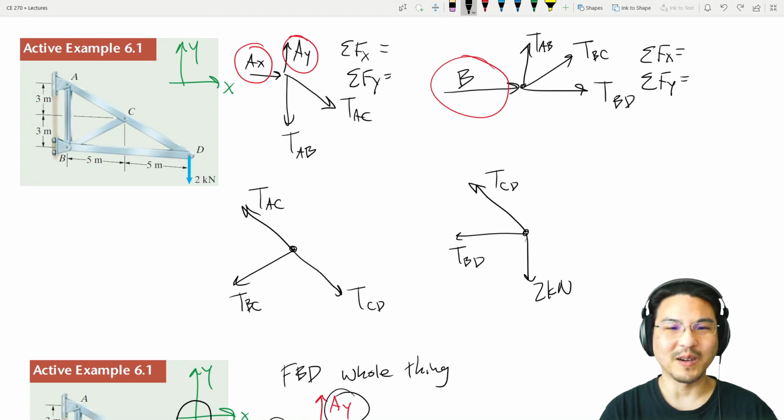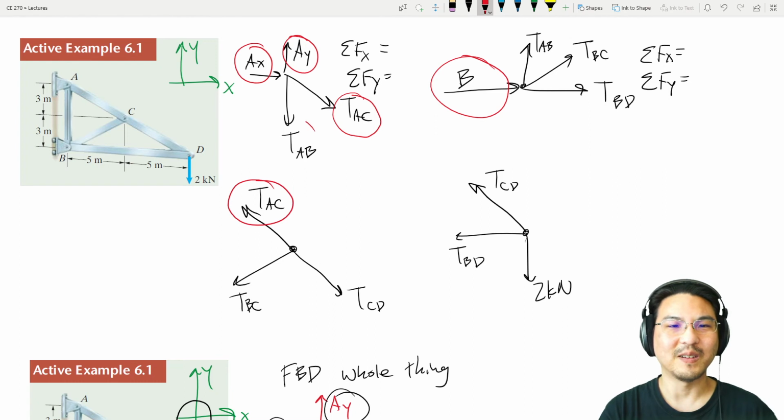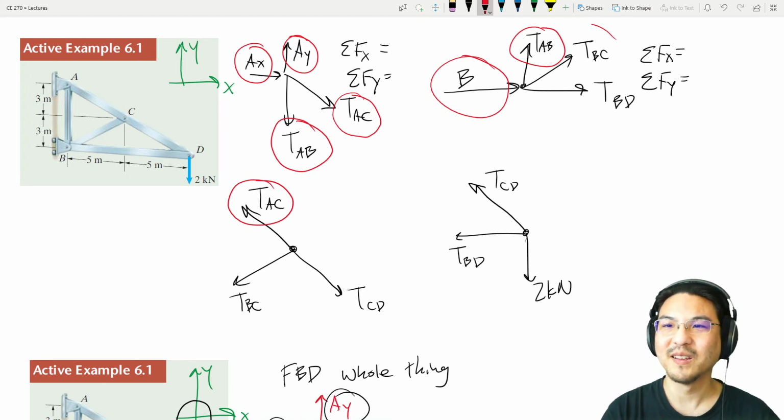And then once you go there, you know this answer, which is the same as here. You know this answer, which is the same as here. So now where do you want to go next? Joint B or joint C? Either one, because this has 2 unknowns and this one has 2 unknowns. So either choice. So let's say we go here.